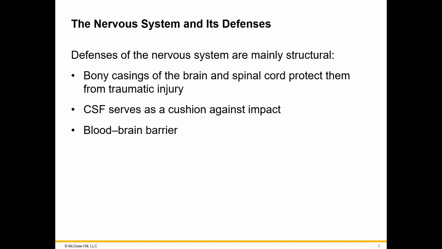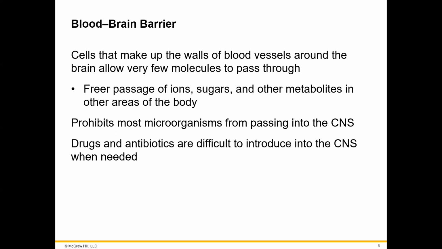All right, the defenses of the nervous system. We have the bony casings, we have the cerebrospinal fluid that's going to provide the cushioning and the protections, structurally and physically. We also have the blood-brain barrier. The blood-brain barrier is basically formed by the cells that make up the walls of the blood vessels.